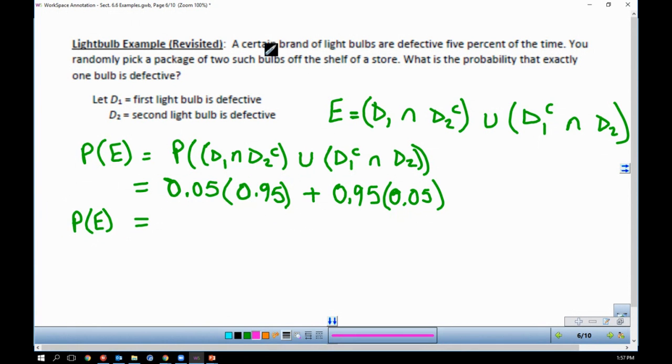We assumed, we figured out yesterday, bulbs are dependent.